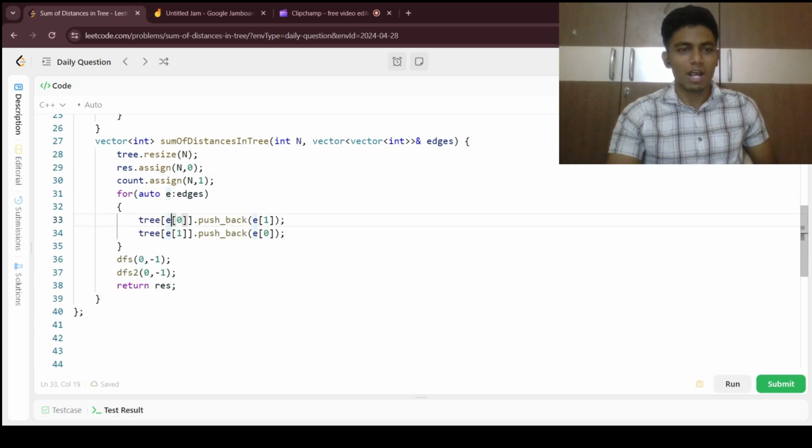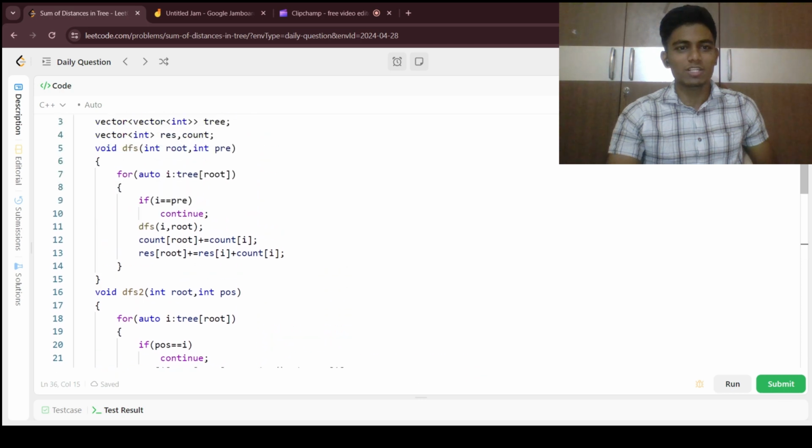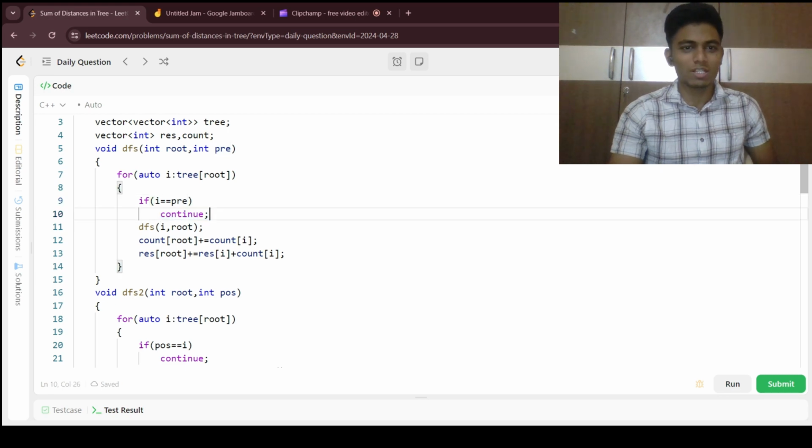This DFS traversal will calculate the distance between the children and then the root. So we are going to take the parent, which is going to be previous, and then this is going to be our root. So for this root, suppose if I equal to parent, then we will not consider this. If it is not, then it is going to be child. So for this, we are going to do the DFS again, and then we are going to increase the number of nodes which are present with the count of these children.